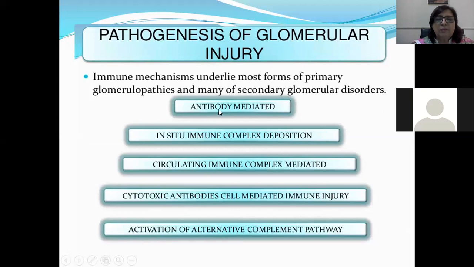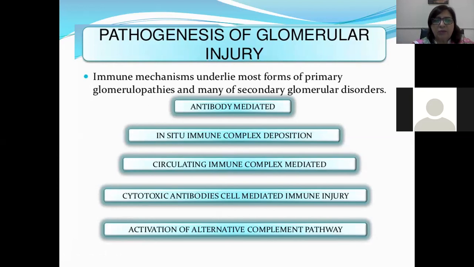So these mechanisms can be antibody mediated, in situ immune complex deposition, circulating immune complex mediated, cytotoxic antibodies, cell mediated immune injury, or activation of the alternate complement pathway. You have done all of this when you were in your third year. So I'm going to explain one by one when I explain the glomerular injury.